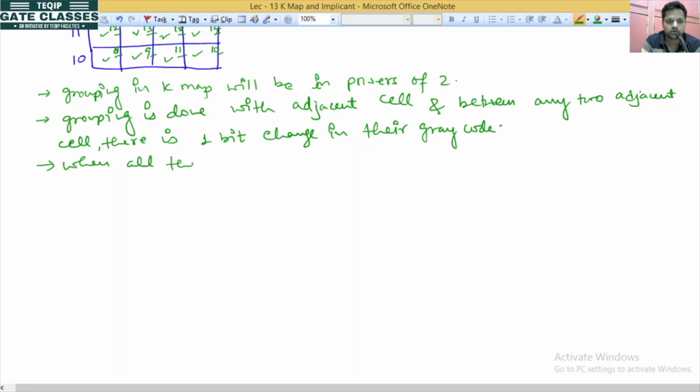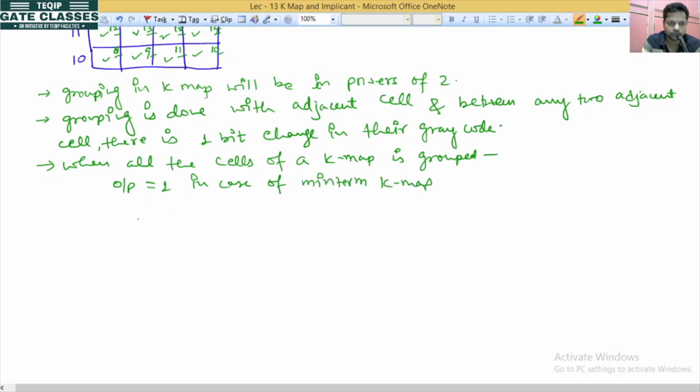When all the cells of a K map are grouped, then output is equal to 1 in case of min-term K-map, and output equal to 0 in case of max-term K-map.